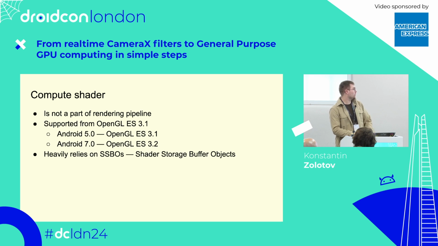Compute Shader is supported starting from Android 5 and heavily relies on special things called shader storage buffer objects. Basically, it allows you to map some chunk of memory to the shader so it can access it. Additionally, it allows you to have arrays with unspecified size.